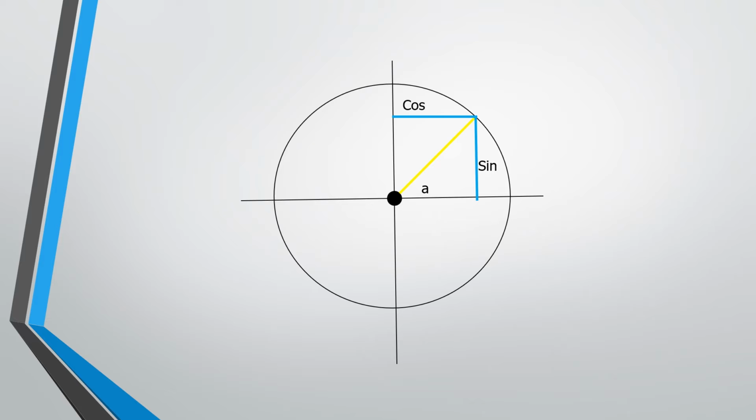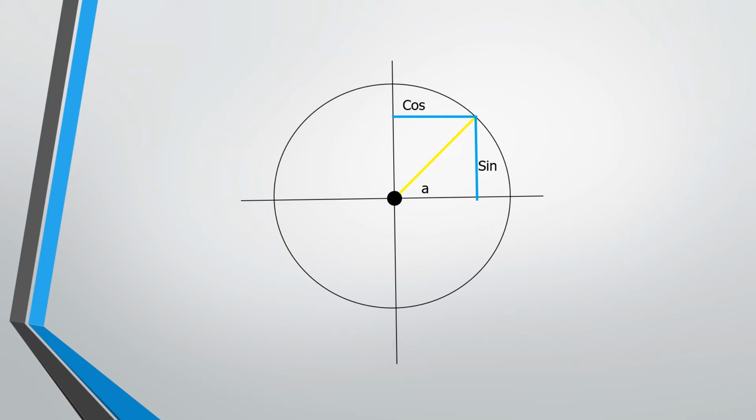This is how I recommend you think about sine and cosine when resolving vectors in two dimensions. What you see on this slide is a unit circle. So the hypotenuse is the yellow segment going from the origin of the circle up to the perimeter of the circle.